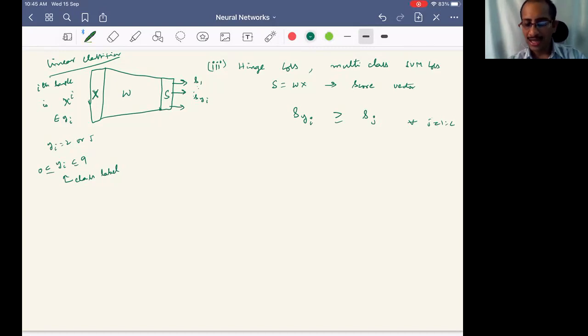In addition to putting S_yi greater than or equal to Sj, it also gives a margin. Why is this margin plus 1? What is this taking care of? Can one of you guess? If I put a margin here, what is it ensuring?